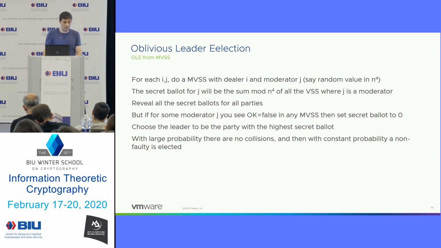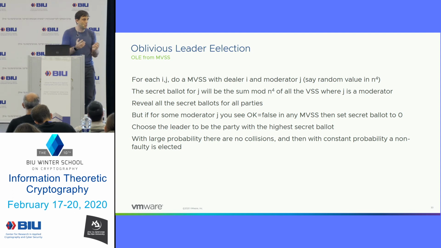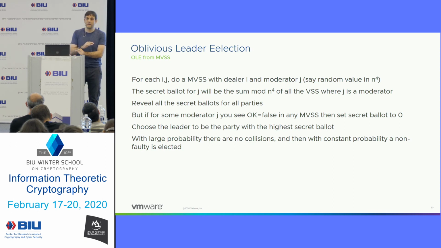Yeah, so in the 10 minutes remaining, I'm going to say a few words about why we need a quadratic number of messages. I remember that on the first day somebody asked, for verifiable secret sharing, do we need a quadratic number of messages and not n log n? If you go over the primary backup protocol that I've presented, you realize that every round requires a quadratic number of messages.